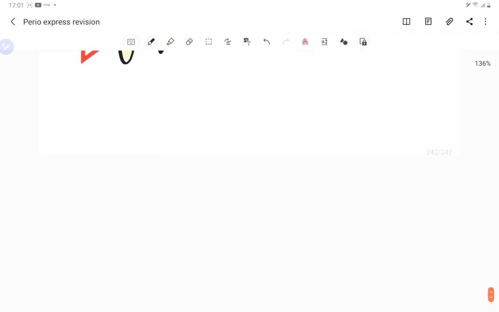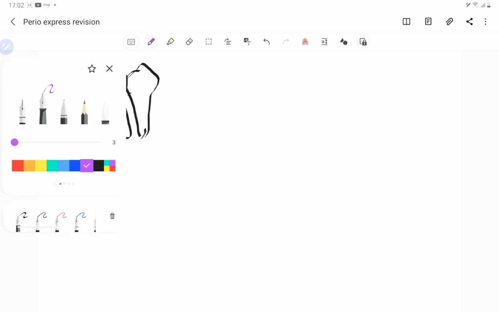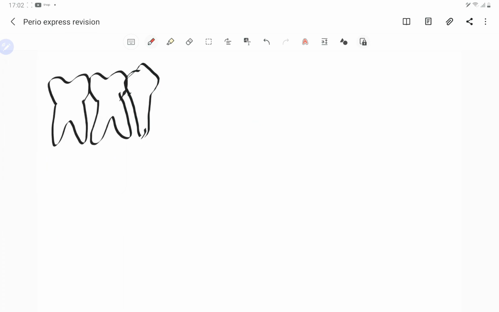Or say guys, the architecture of the tooth. So understand this, that suppose say these are the teeth. So what is a positive architecture? First of all, this is just a diagrammatic representation, guys. Say suppose, let's make it in red. Say suppose we are talking about the bone here.